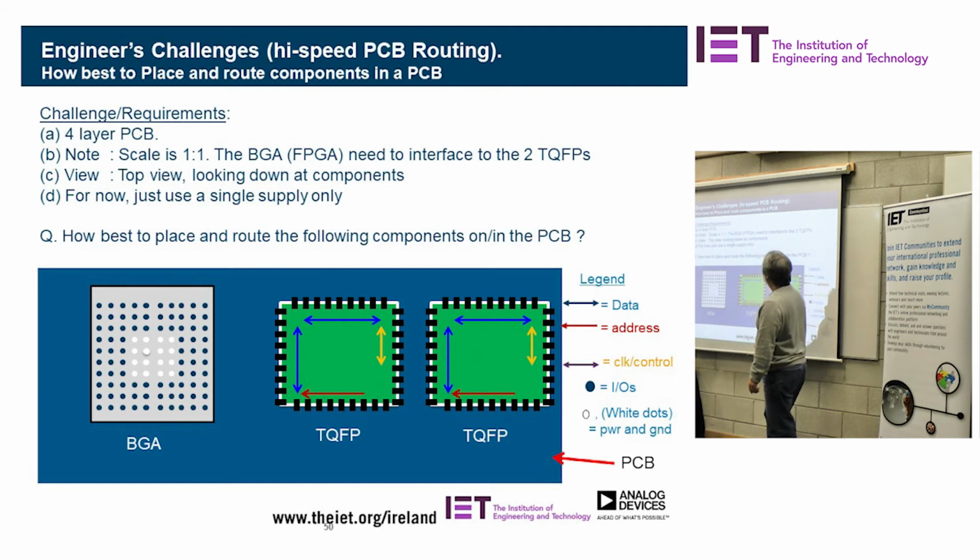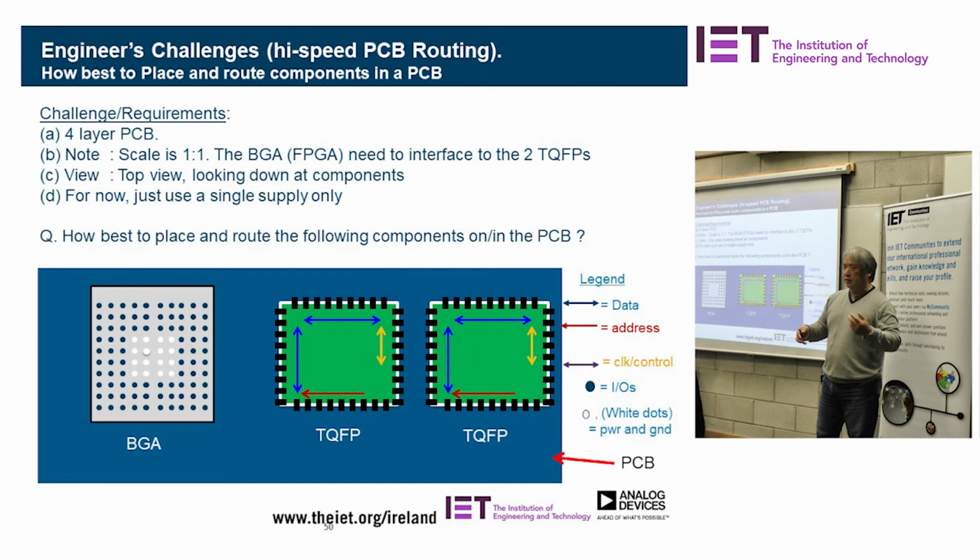So the question is how best to place it to route it better, to avoid crossing the wires and long wires and inefficiency. You want to route it efficiently and without crossing, to avoid crosstalk. Top and bottom?